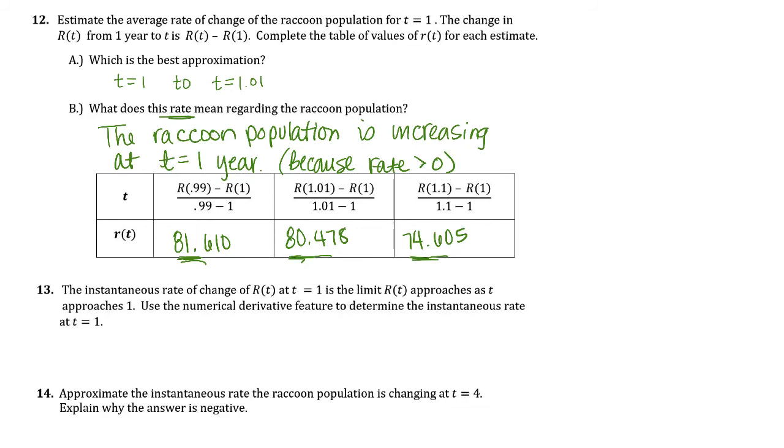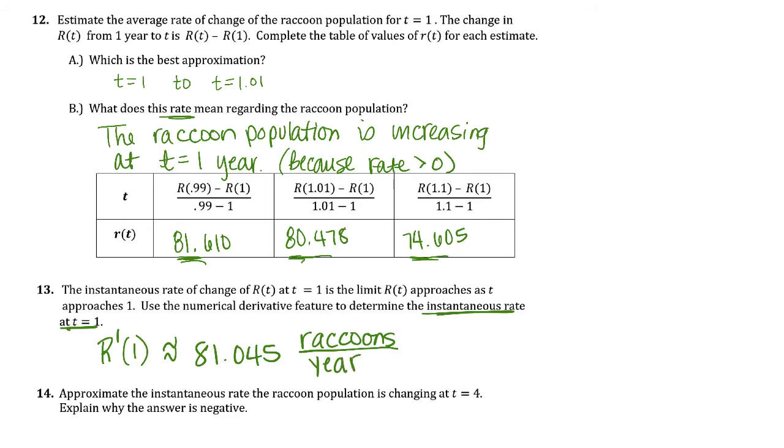When we do type this in our calculator, we're going to see R prime at 1. That's our notation for the derivative or the instantaneous rate at T equals 1. It is going to be approximately 81.045, and again we need our units, and that was raccoons per year.